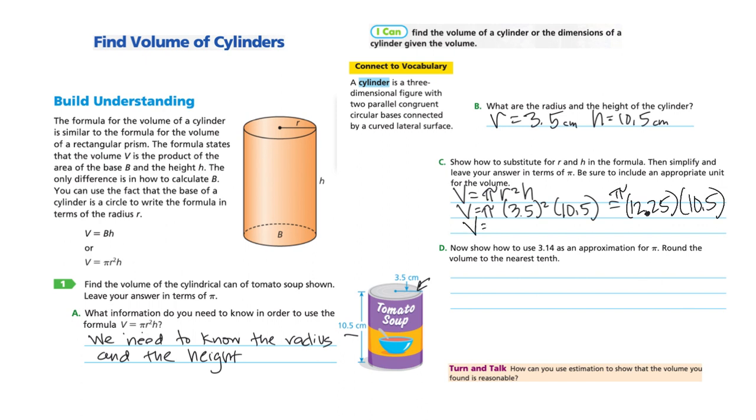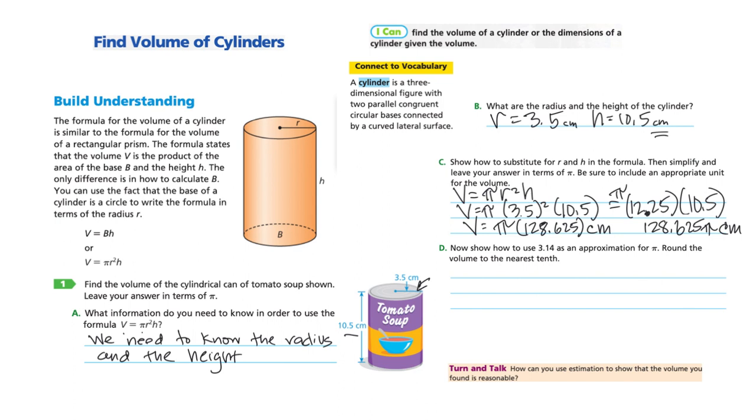So the volume equals pi times 128 and 625 thousandths, and you want to make sure that you use the label. So you can write it this way, or you can do 128 and 625 thousandths pi centimeters. Either way would be okay.